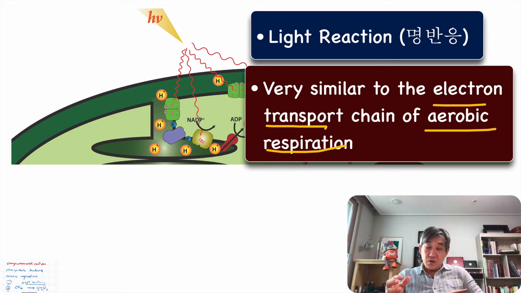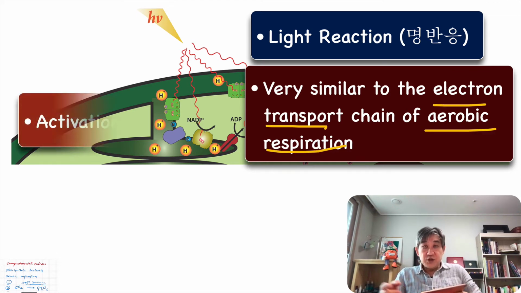And another thing is that ATP synthase, the same exact ATP synthesis enzyme, is also present in the inner membrane, the thylakoid membrane of the chloroplast, and that is the tunnel through which hydrogen moves, and during which ATP is generated.